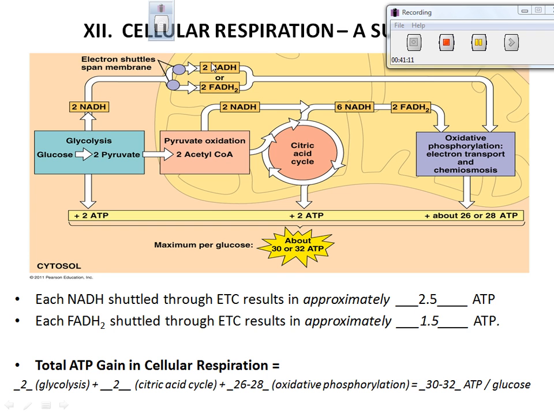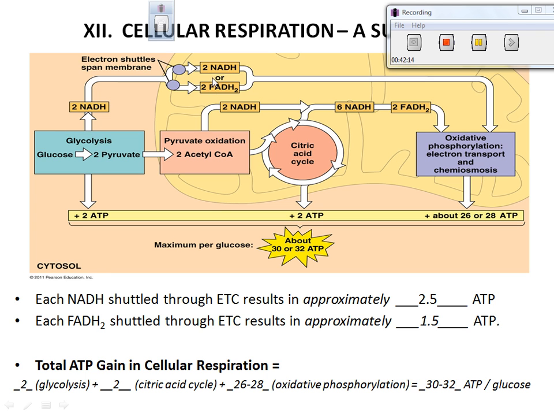So if you go up here to the diagram, and this is another contention about why it's not sure how many ATP, as you can see up here, there's a little split after glycolysis. There's some debate on how the shuttling takes place of these NADHs. Some think that it's NADH that carries it. Some think that there's a slight change and it's FADH2.